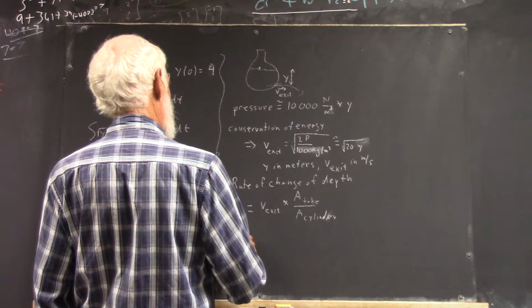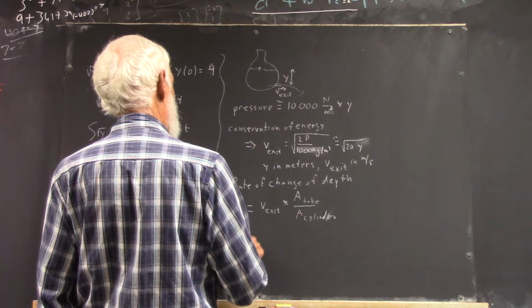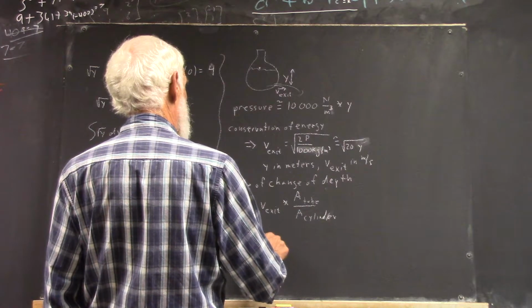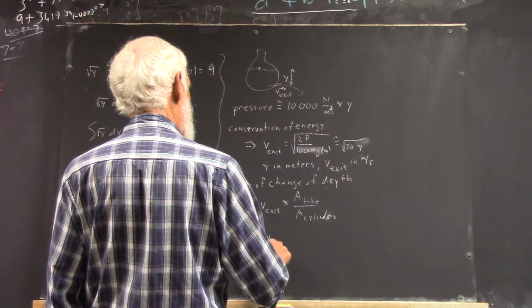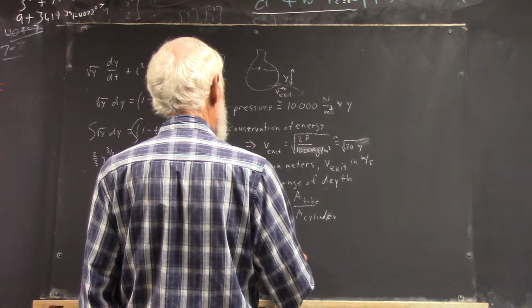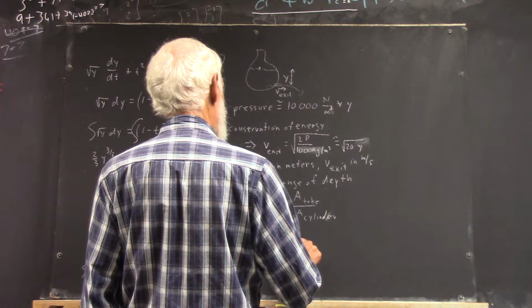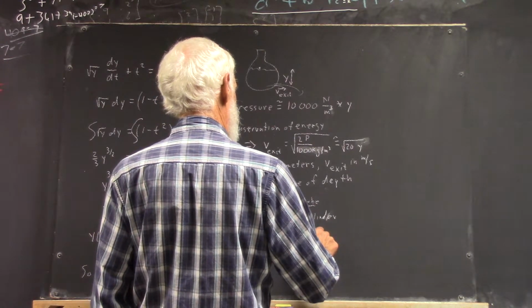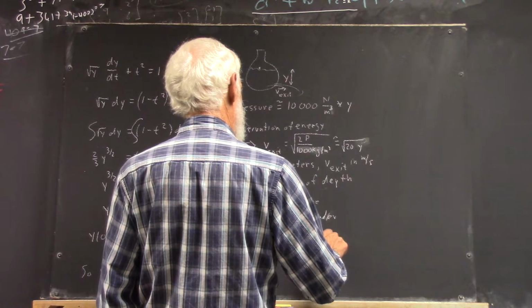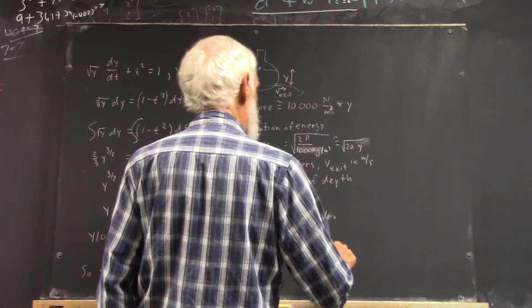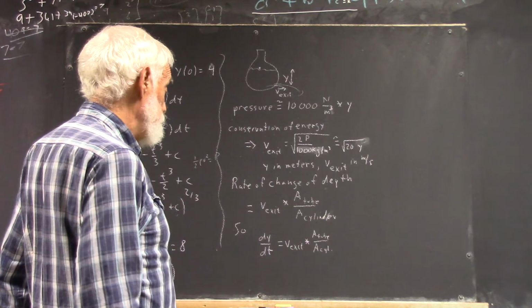So the rate of change of depth, dy/dt, equals V exit times this ratio, whatever it is, and that's it.